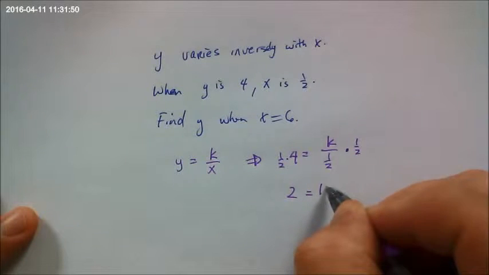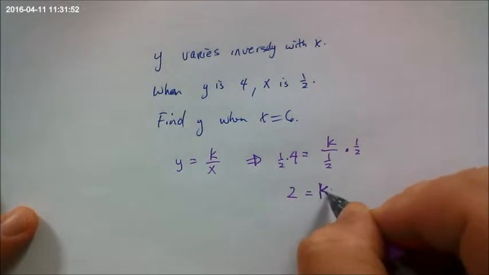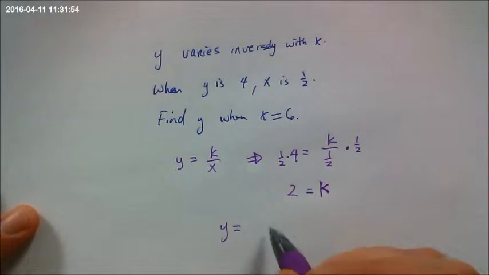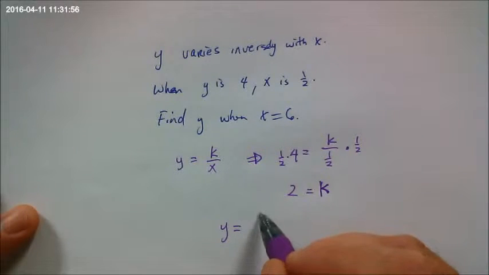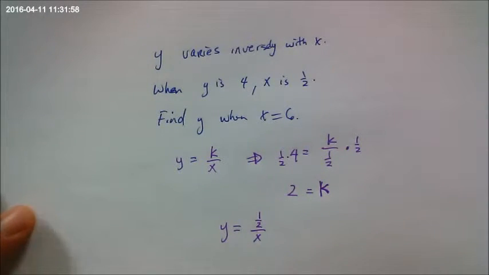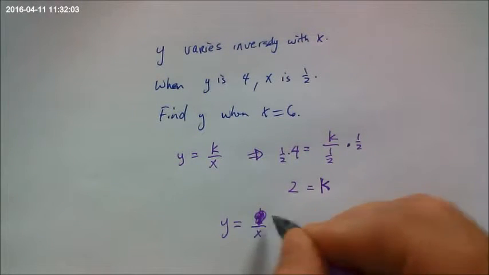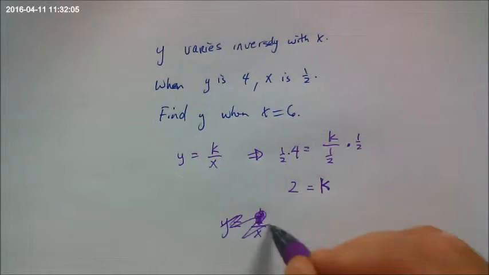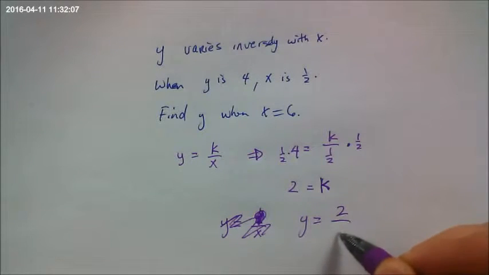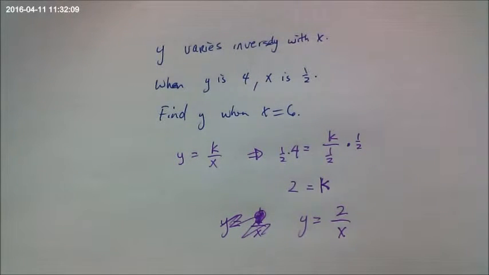So 2 is k. Then my formula is y equals 2 over x.